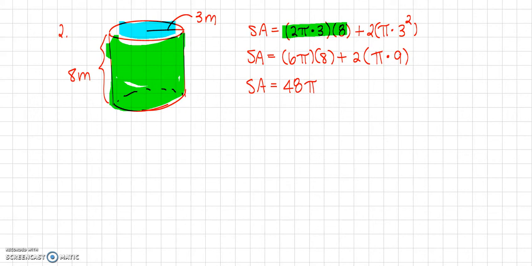So I'm going to leave pi in there and not change those. And then 2 times pi times 9, that's 18 pi. So I can combine those. 48 pi plus 18 pi is 66 pi meters squared. So our answer is E again.